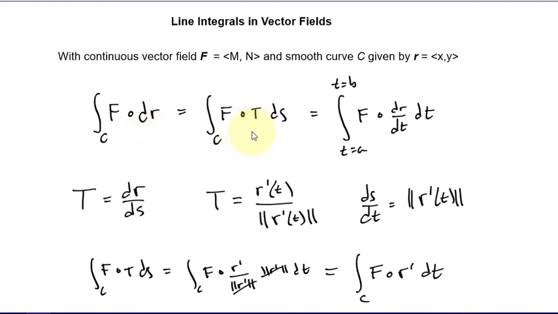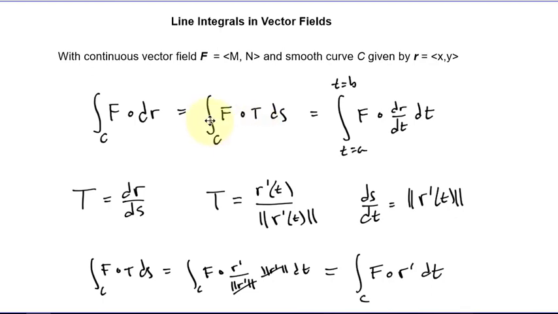In fact, the second expression here illustrates a little more what I was just trying to say in describing the first expression. The dot product of the vector field with this vector T, the unit tangent vector.